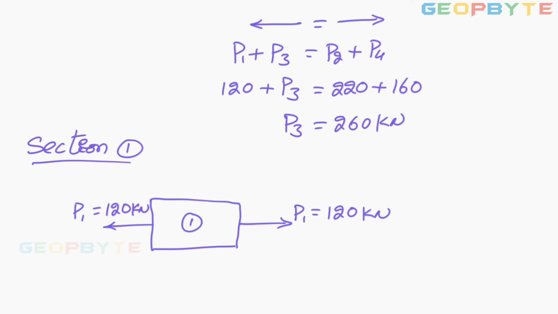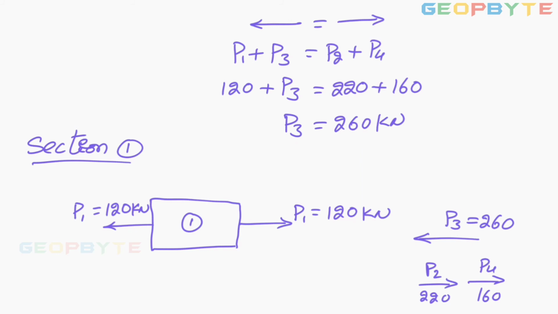Otherwise, P2 and P4 are acting in this direction, whereas P3 is acting in this direction. This P2 is 220, P4 is 160, whereas P3 you got it 260.